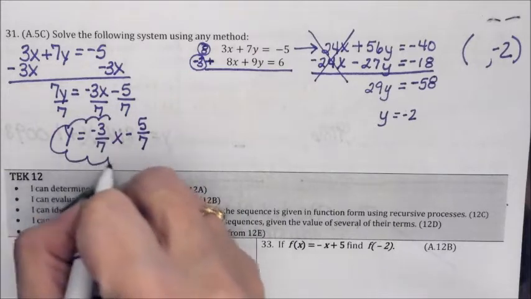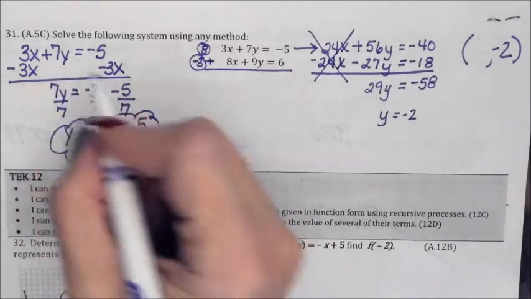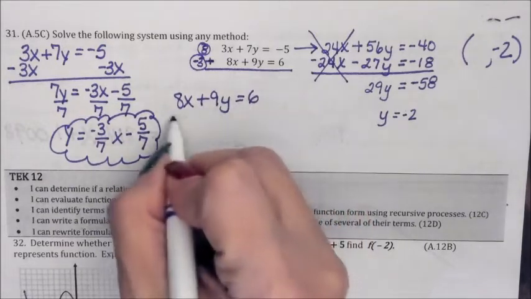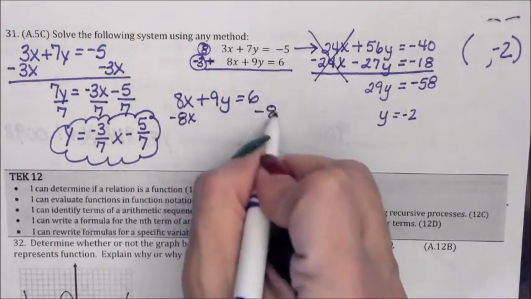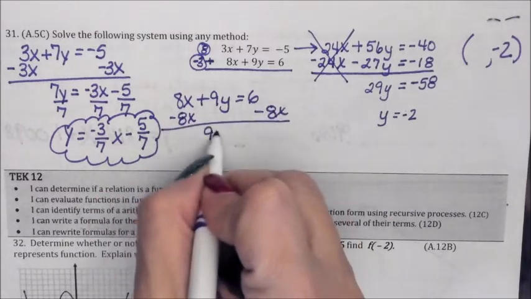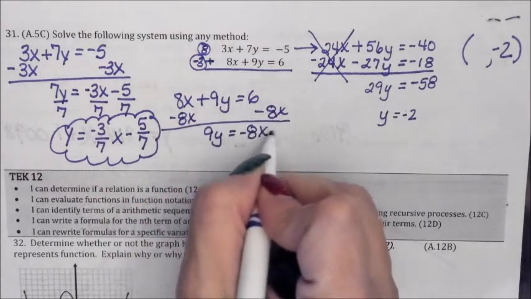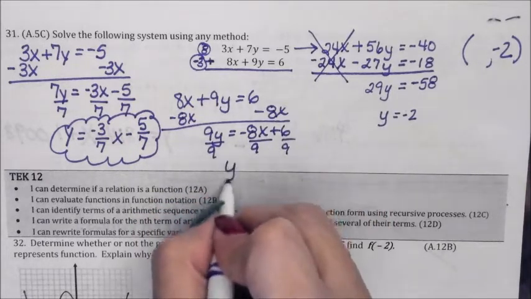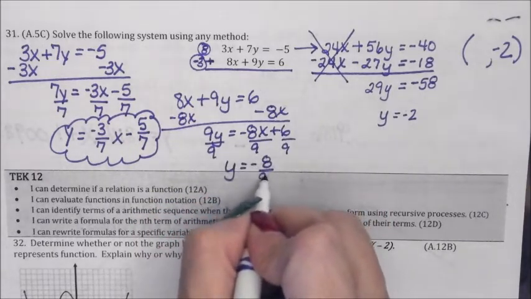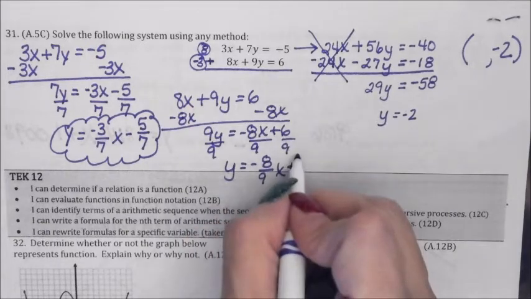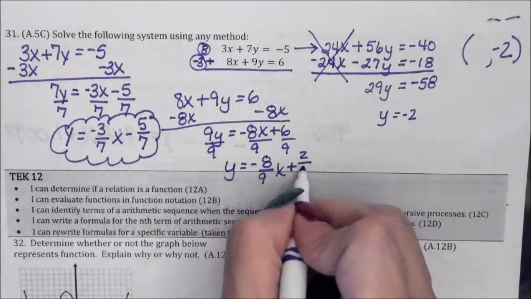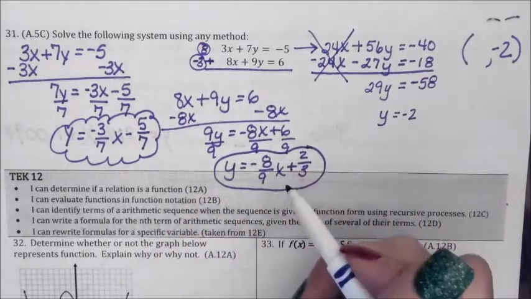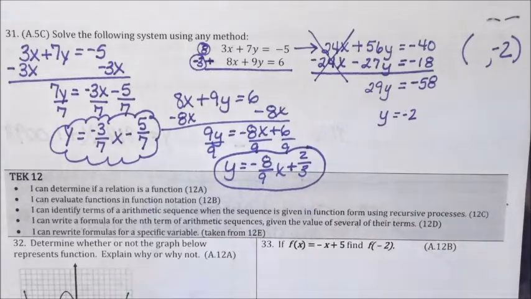Those of you over here who were graphing, let me go back here. I'm going to take 8x plus 9y equals 6. Move the x. 9y equals negative 8x plus 6. Divide by 9. So y equals negative 8 over 9x plus 2/3. So you're graphing those two. All right, here we go.